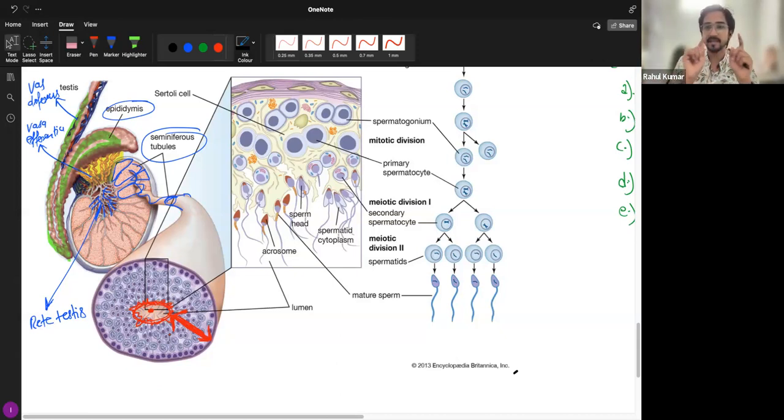Very little space is there in the center, and this space in the center is called lumen, the empty space. And the wall of this tube, seminiferous tubule, is very thick. Why is it very thick? Because this wall of seminiferous tubule is the site where everything is happening. Okay, everything with respect to spermatogenesis is taking place in this wall.